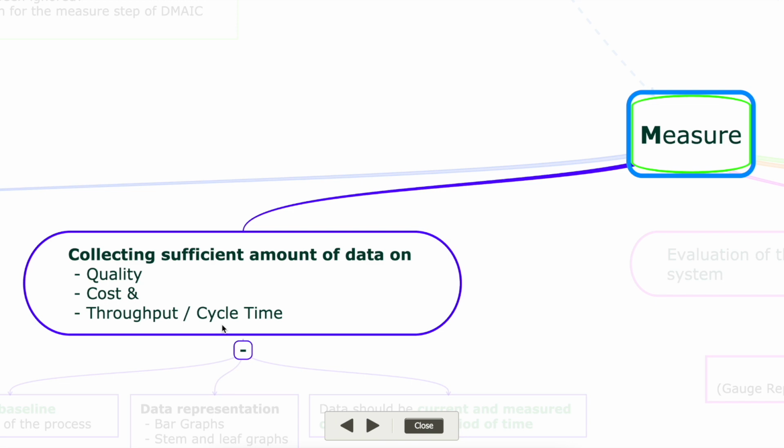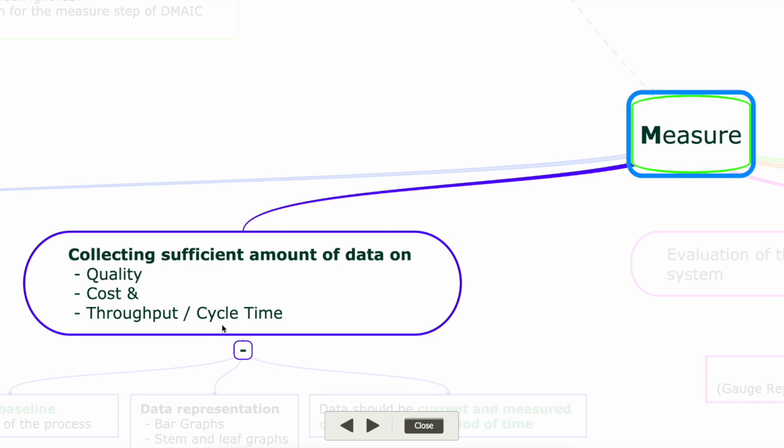Some processes are short and some processes are long, some depend on short intervals, some depend on longer intervals. So after studying the whole process, we must come up with the amount of data that will be sufficient.